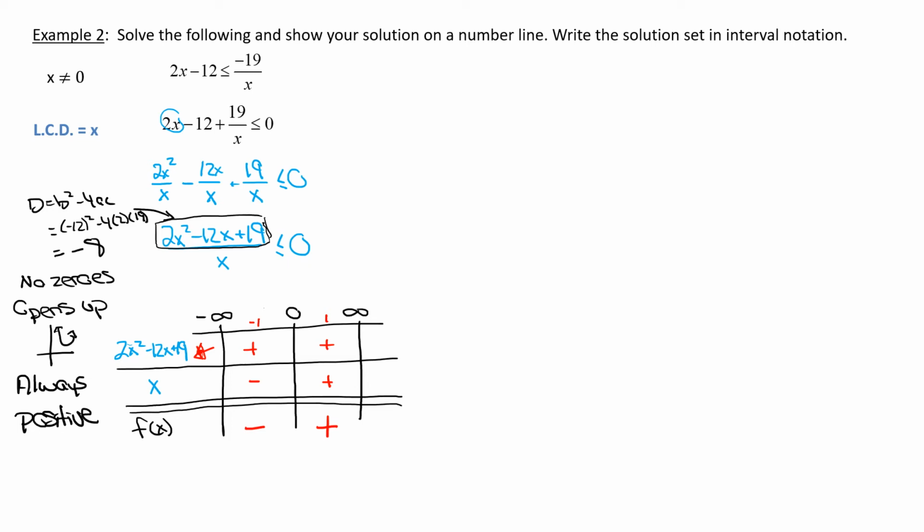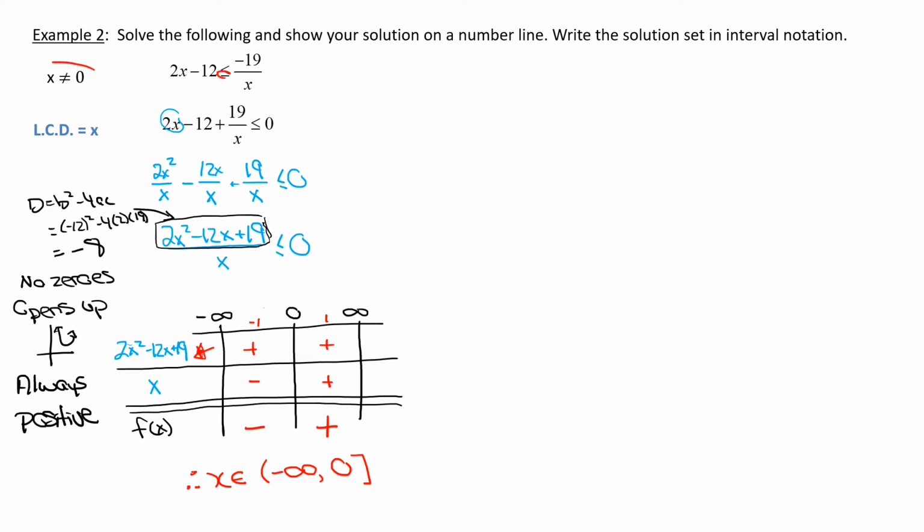So our solution says show your solution on the number line. Let me just put it here. Therefore, let's do interval notation as well. X is an element of negative infinity, always a round bracket there. 0, square bracket or round bracket here? Well, it could be a square bracket because the original question has the equal part of less than or equal to.